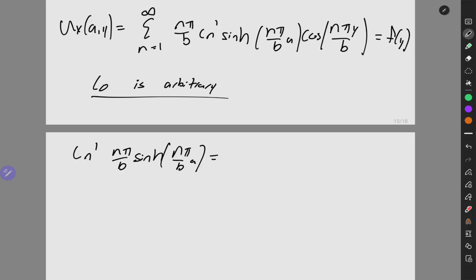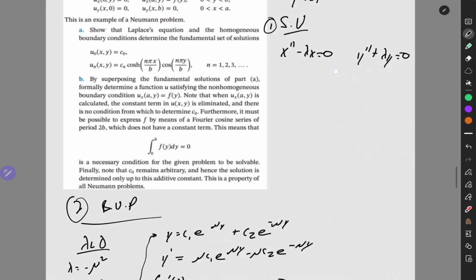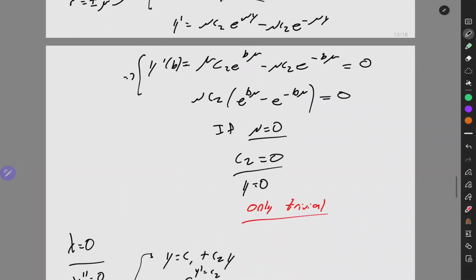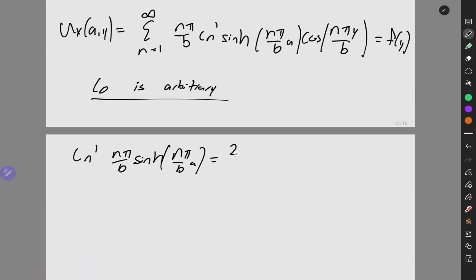Or is it a? Which side is that on? The f(y). f(y) is on 0 to b. So this will be 2 over b integral 0 to b f of y times cosine n pi y over b dy.